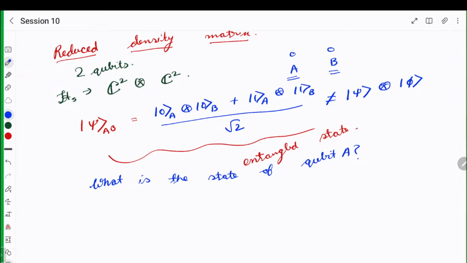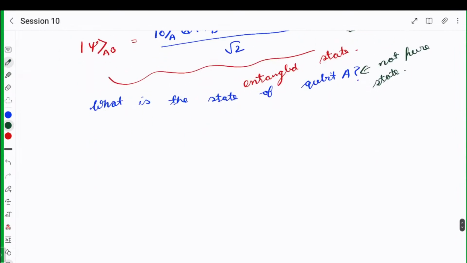One thing is for sure: since it cannot be written in the form |ψ⟩ ⊗ |φ⟩, the state of qubit A is not a pure state. So now the question is, is it a mixed state? Let's try to look at that.